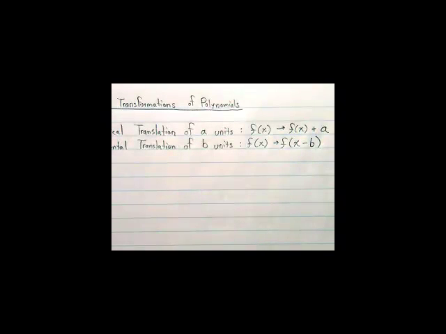And the x minus b just refers to the fact that it's going to be the opposite. So if you want to move it to the right, you're actually going to see a subtraction in there. And if you want to move it to the left, it's actually going to be an addition. You guys remember that? The horizontal stuff is always the opposite of what you would expect. The vertical is always the same as what you would expect. Okay? That's what I'm hoping.